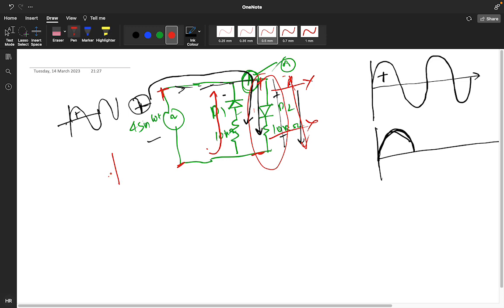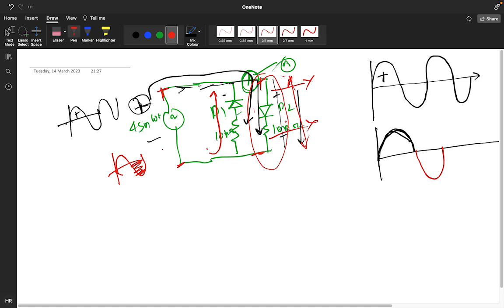For the negative half cycle it follows this path. Because it is in parallel, this curve will come, so you are getting the same signal.